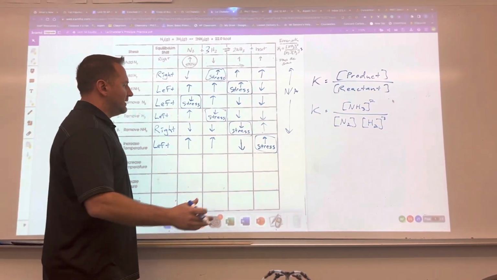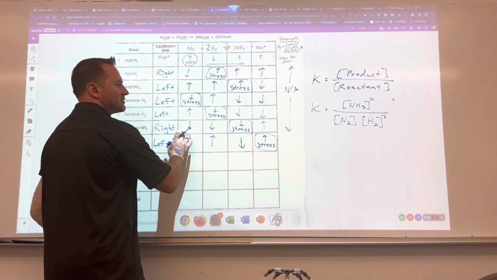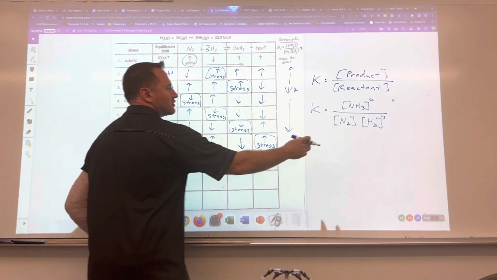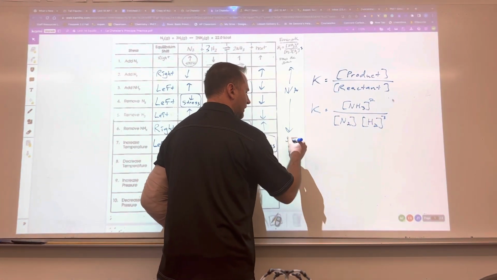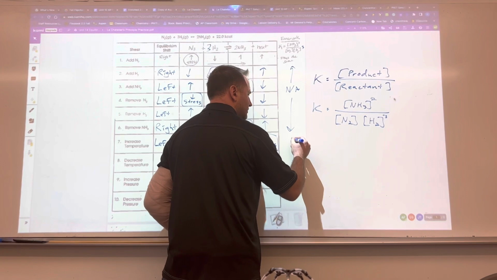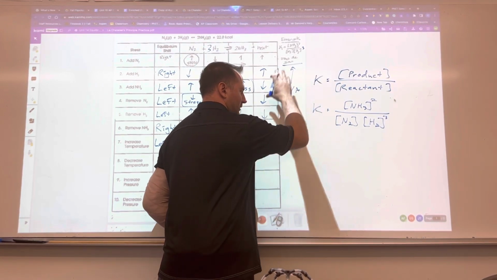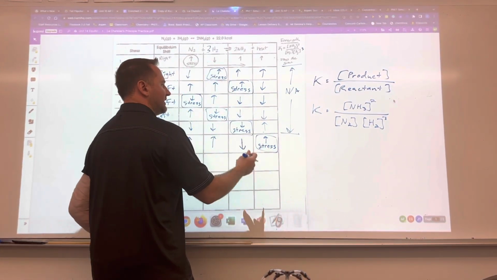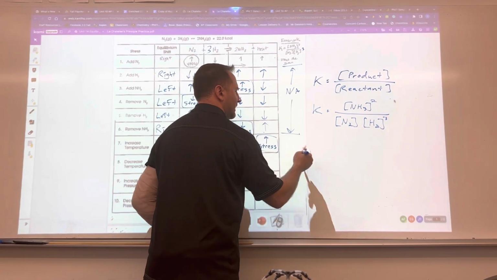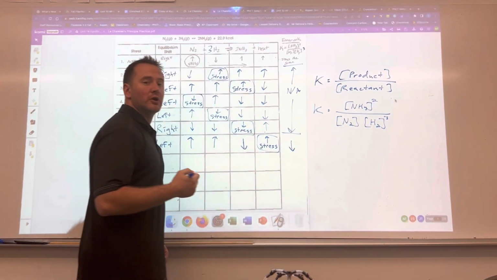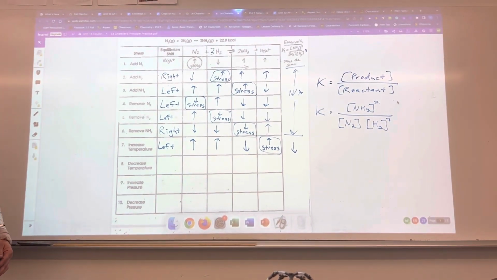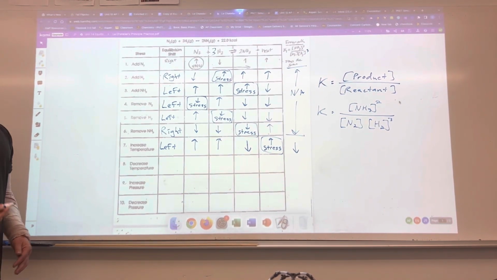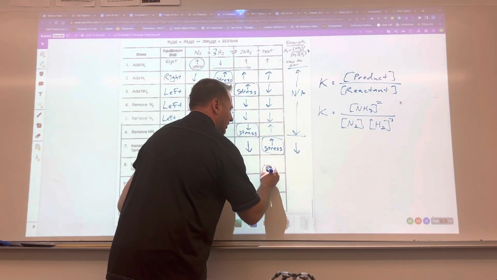Now we would have an increased concentration of reactants, so this becomes shifted, and our K value would go down for an exothermic reaction. If we decrease the temperature, it's going to have the opposite effect.